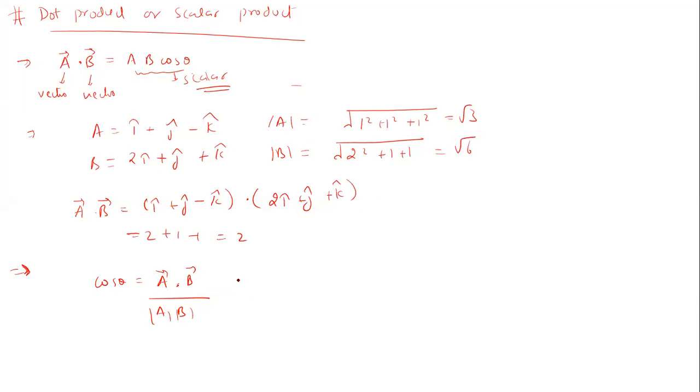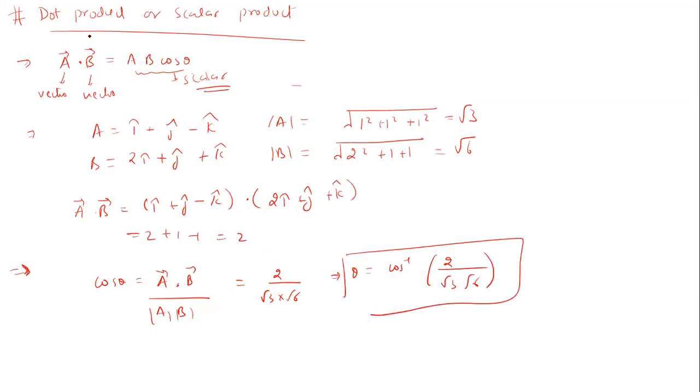So cos theta will be 2 by root 3 into root 6. So angle theta will be cos inverse of 2 by root 3 root 6. That is the angle between the two vectors. So with the help of the dot product, we can find the angle between the two vectors. Whether you write the answer as 2 by root 18 or the other form, that is the right answer.